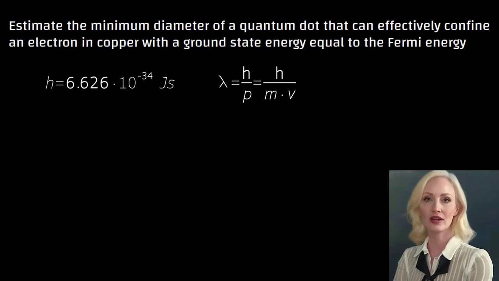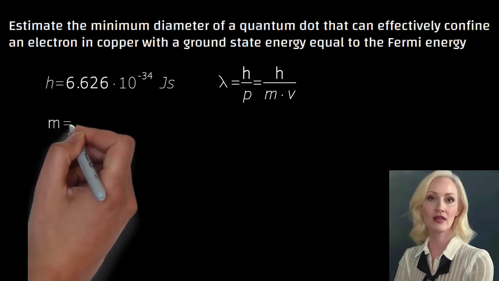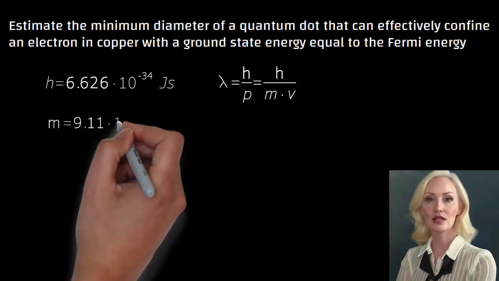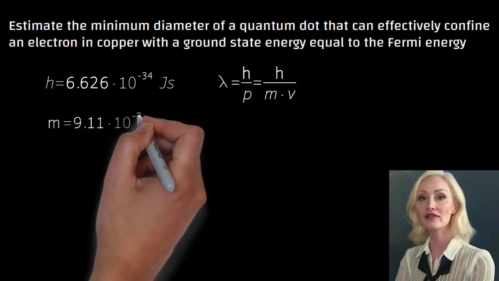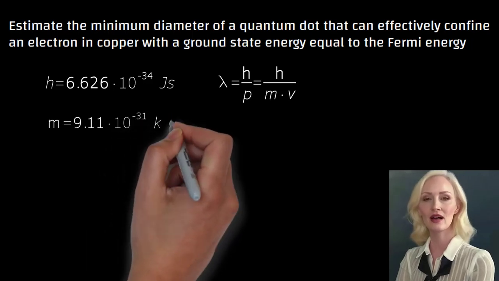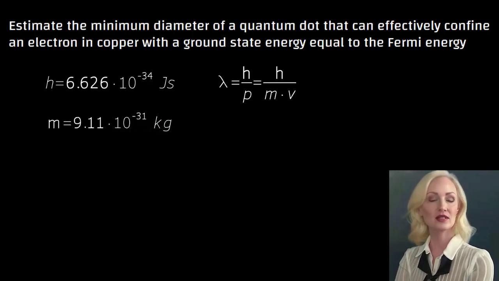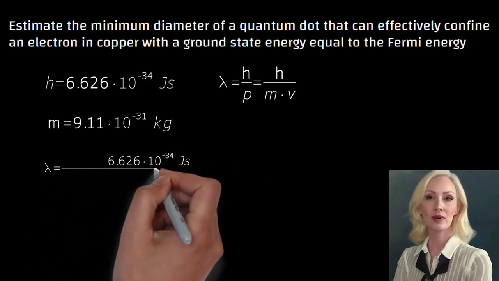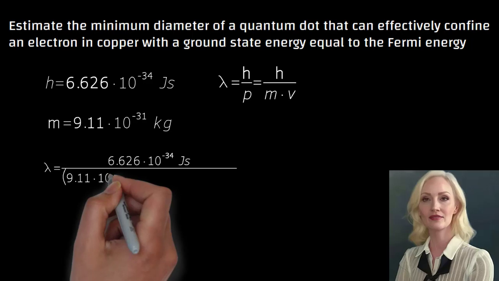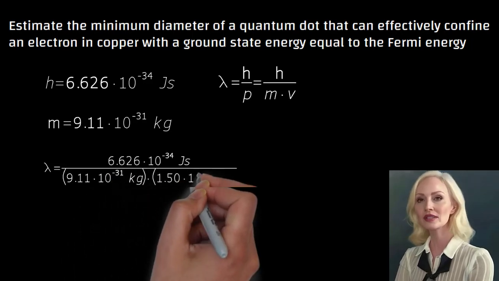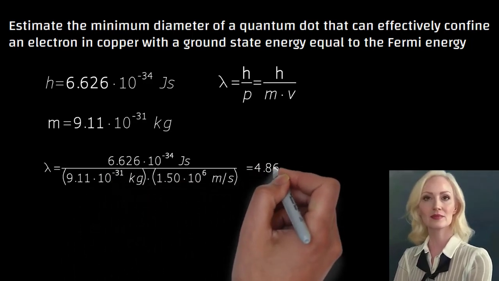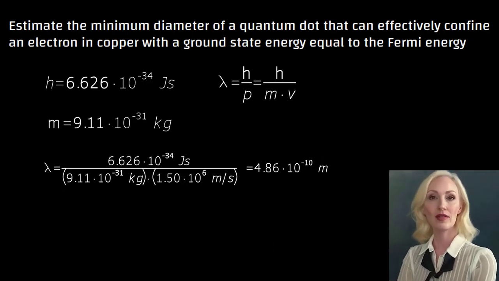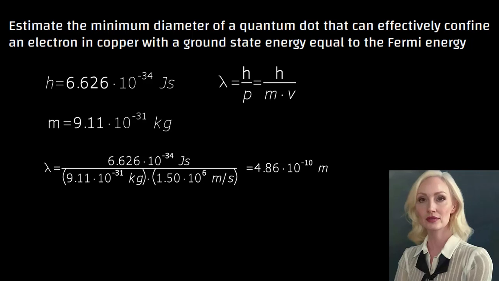The mass of an electron is approximately 9.11 × 10^-31 kilograms. So, substituting these values, the wavelength lambda equals Planck's constant, or 6.626 × 10^-34 joule-seconds, divided by the product of the electron's mass and velocity, which gives approximately 4.86 × 10^-10 meters. This results in a wavelength of 486 picometers.